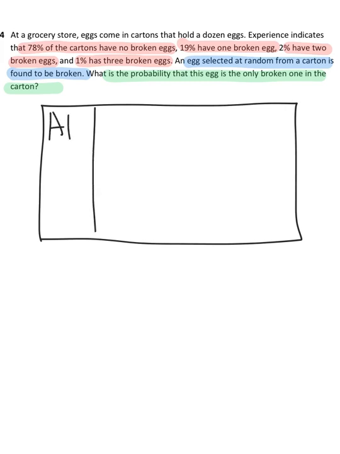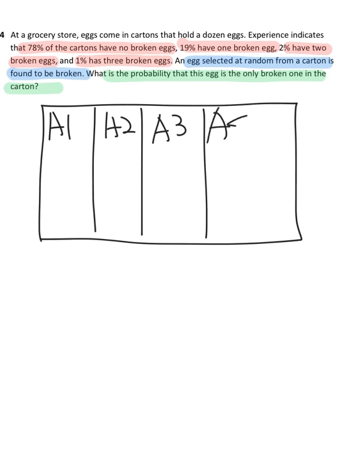Let me say A1, no broken egg. A2, 1. A3, 2. And A4, up to 3. 4 A's. No broken, 1, 2, and 3.